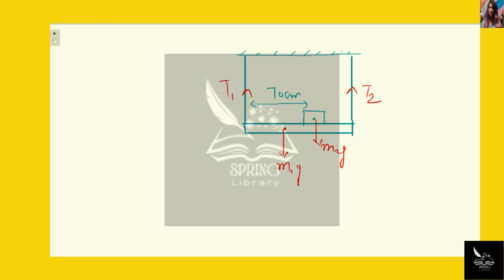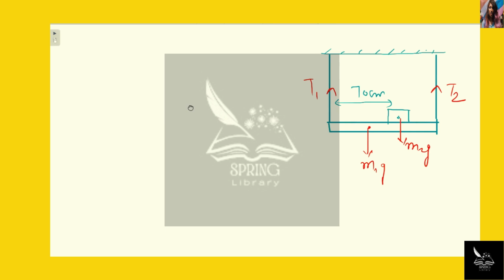And so I am writing here all the given data: mass of the meter stick, that is m1, is 200 gram, mass of the block, that is m2, is equal to 20 gram, and length of the string, that is L, is given to us, which is 1 meter.